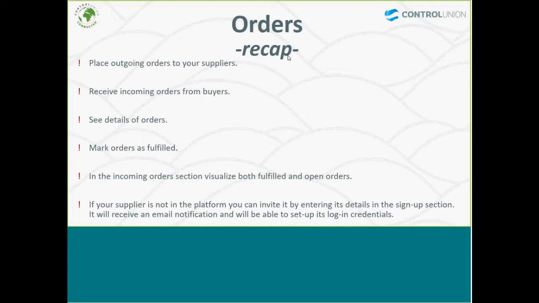In the incoming order section, you can filter between fulfilled and open orders. If your supplier is not in the platform, you can invite it by entering its details in the sign up section. It will receive an email notification, and then it will be able to set up its login credentials and access Connected.